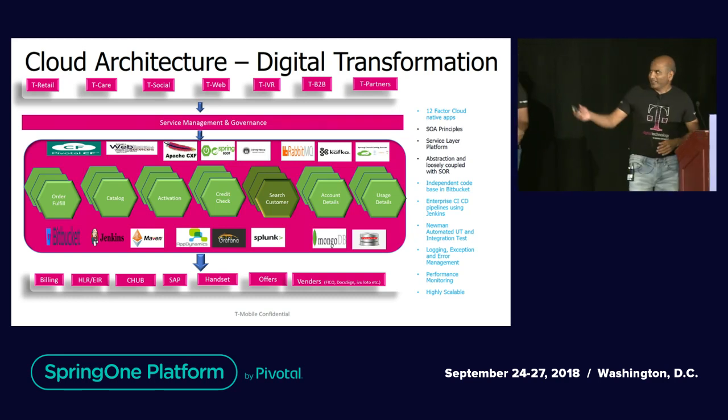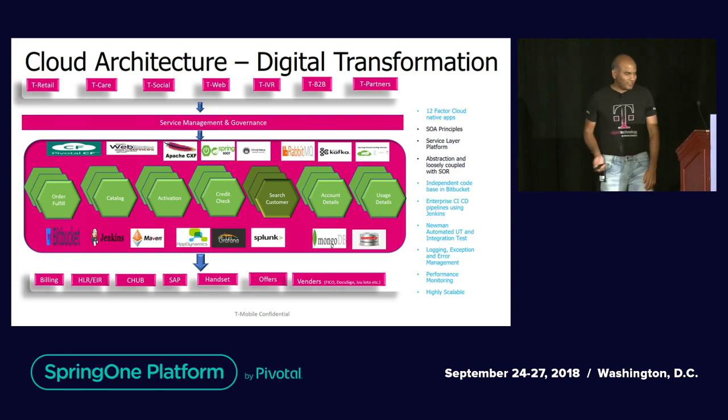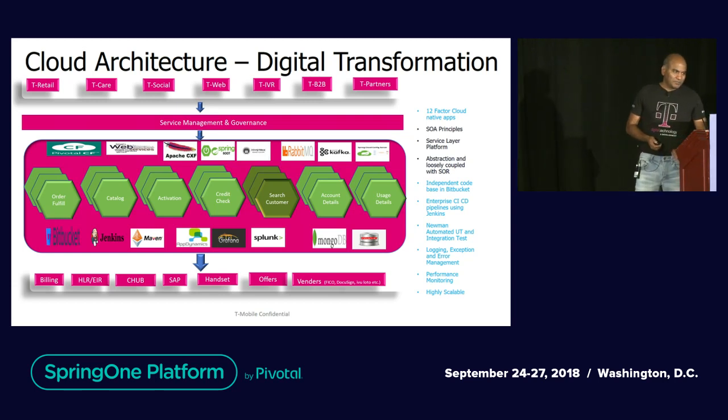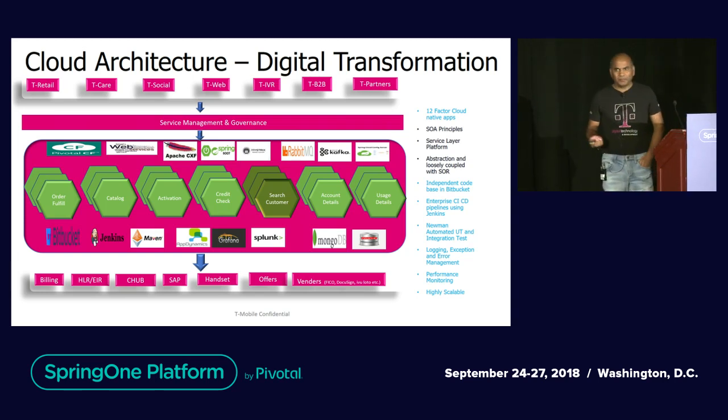So here is our digital transformation high-level architecture. We have PCF as our choice to start building applications. Why the PCF? You guys can ask me some questions. Basically, we evaluated a lot of platforms, but finally we ended up with the PCF.